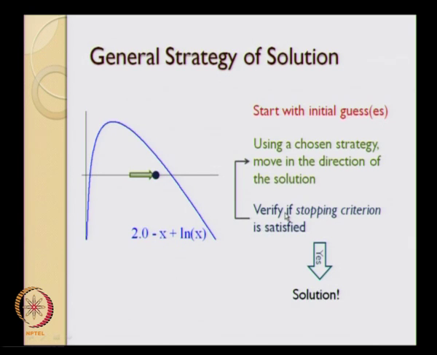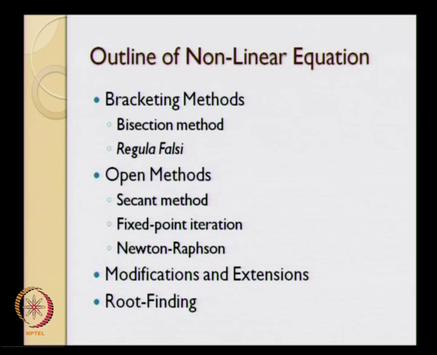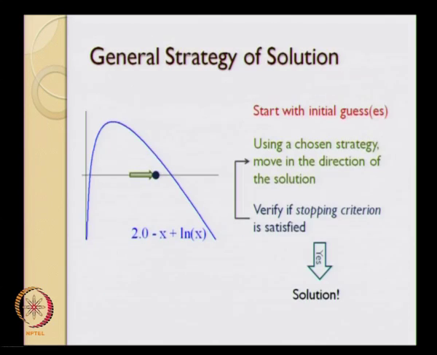Okay. So that is the general strategy for whichever numerical method we choose to use. The general numerical methods that we are going to use for nonlinear equation solving fall essentially into 2 different categories. One is known as bracketing methods. Bracketing methods always employ 2 initial guesses, and the 2 initial guesses are going to bracket the solution.